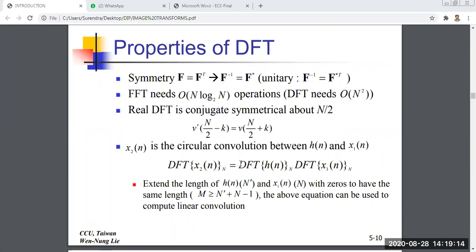So the discrete Fourier transform is applied in circular convolution. So these are the properties. Property one is the symmetry property and number of operations, the real part of DFT, and some application of the discrete Fourier transform in circular convolution.